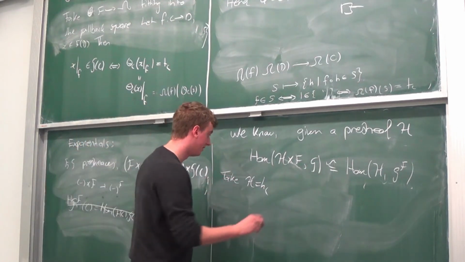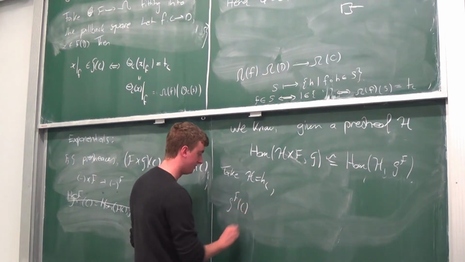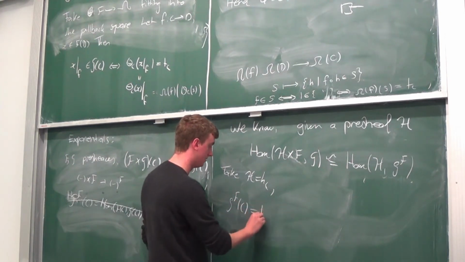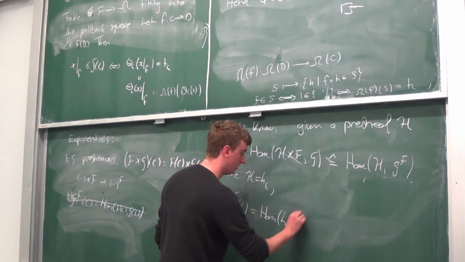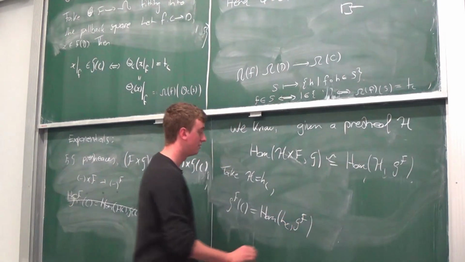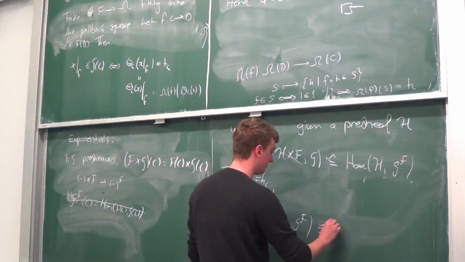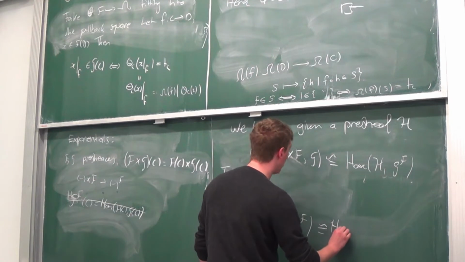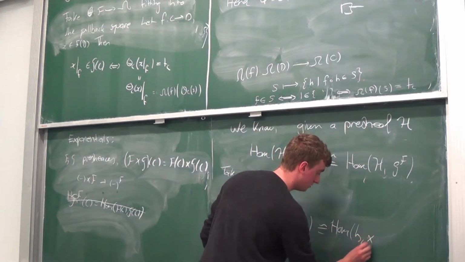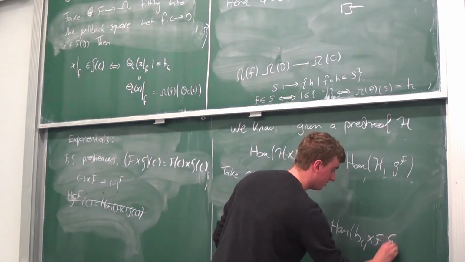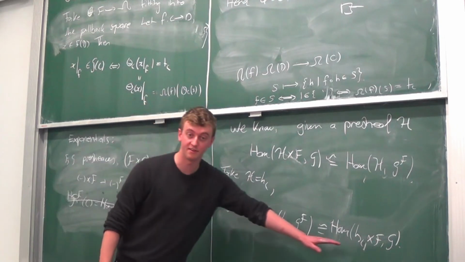What this means then is that G^F of c, which is forced to be hom h_c of this exponential, has to be in bijection with hom h_c times F into G. Right, so this is what we can get from this adjoint condition.